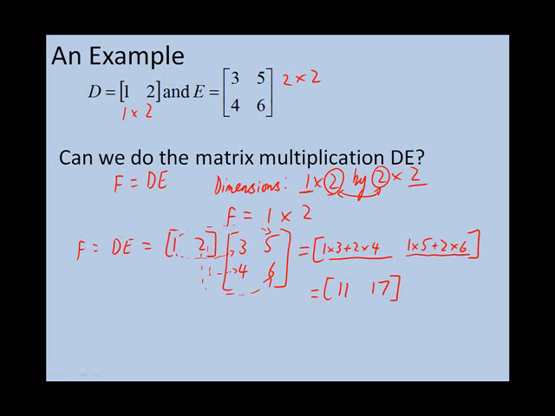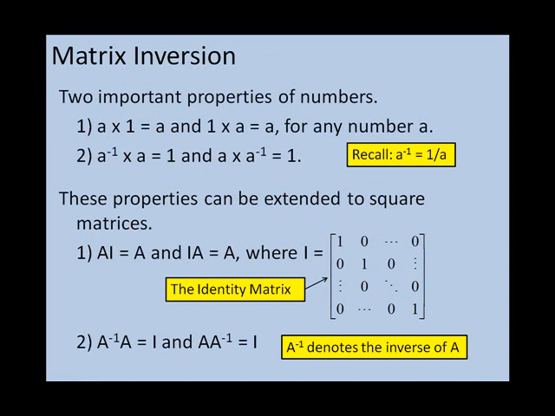Another common trick that we use when we're dealing with matrix algebra is matrix inversion. When we're dealing with numbers, there are two very important properties that we use a lot without even thinking about it.